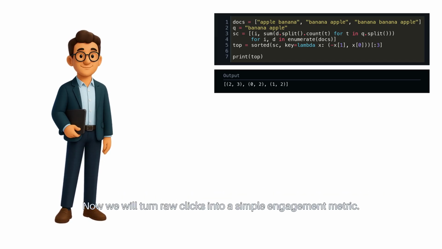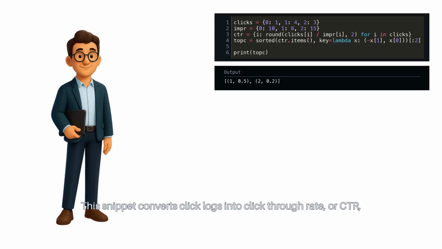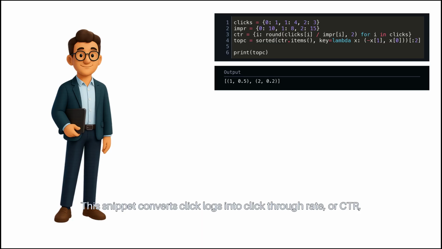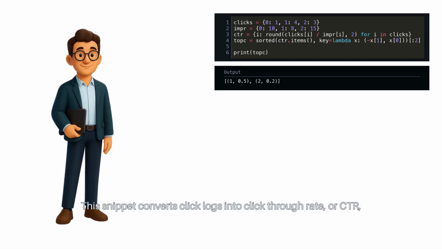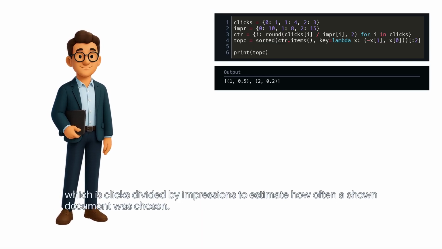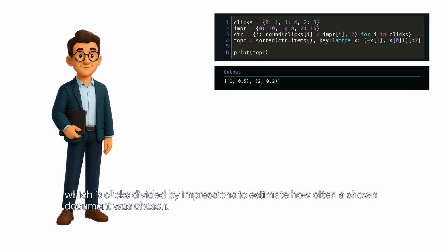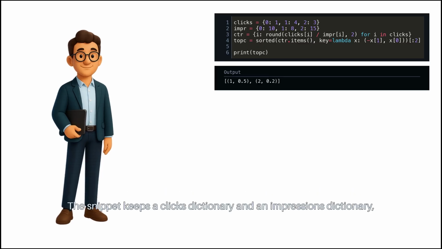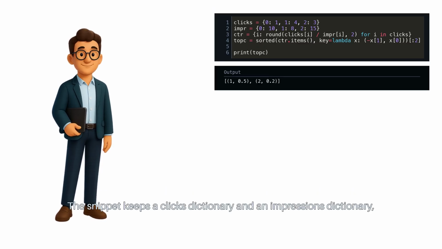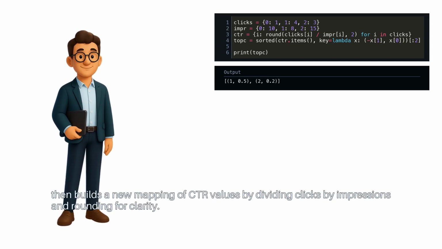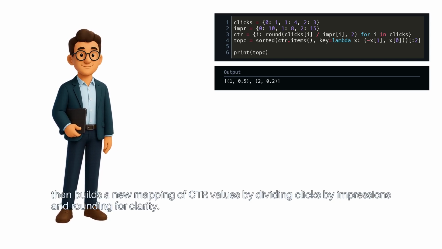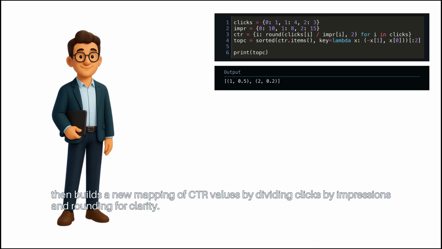Now we will turn raw clicks into a simple engagement metric. This snippet converts click logs into click-through rate, or CTR, which is clicks divided by impressions to estimate how often a shown document was chosen. The snippet keeps a clicks dictionary and an impressions dictionary, then builds a new mapping of CTR values by dividing clicks by impressions and rounding for clarity.